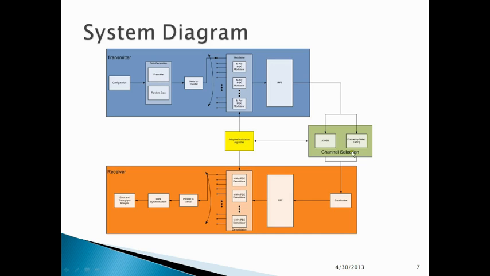Then for this simulation, we would run it through the AWGN channel or the frequency selective fading channel, based on whatever configuration we set in the beginning. Once it's done with that, it would go through the equalizer, and this is all in the receiver now.